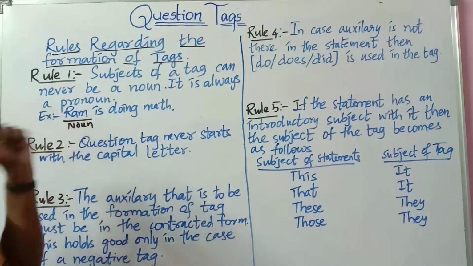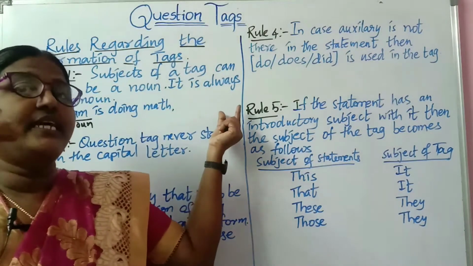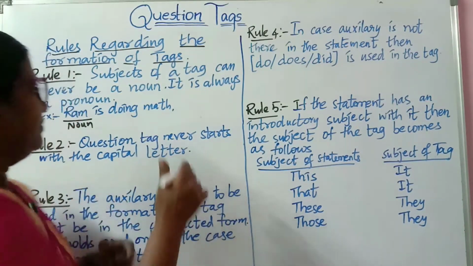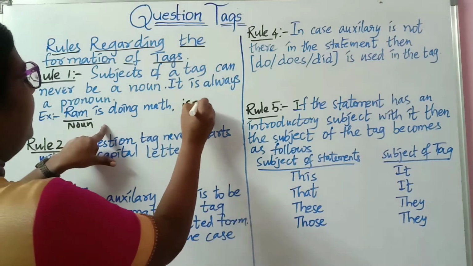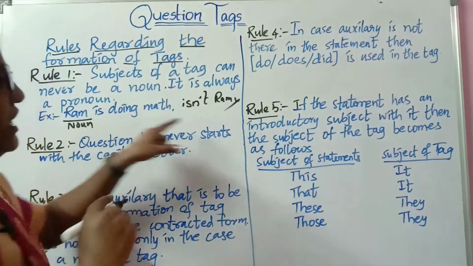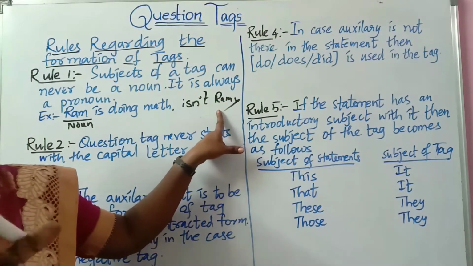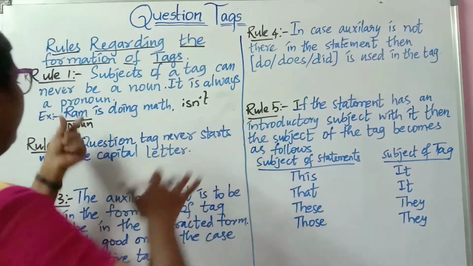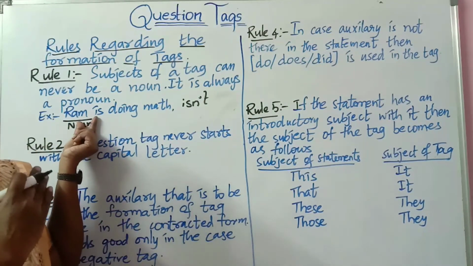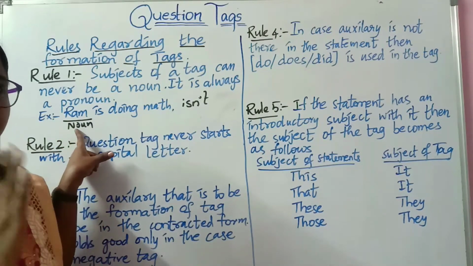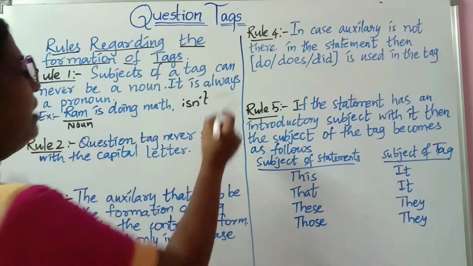So when we write the tag, we should not use the noun. If you write isn't Ram, it is wrong. Never use a noun in a question tag. Change it into a pronoun based on the gender. It is masculine gender, so we have to write the pronoun he.